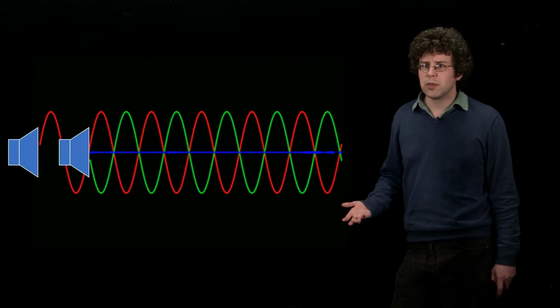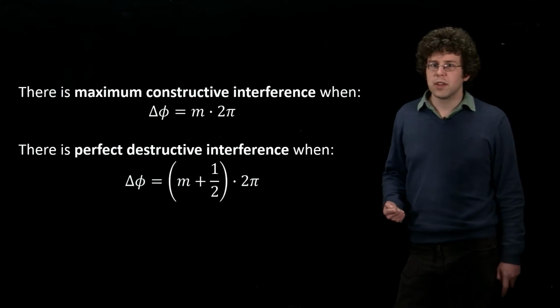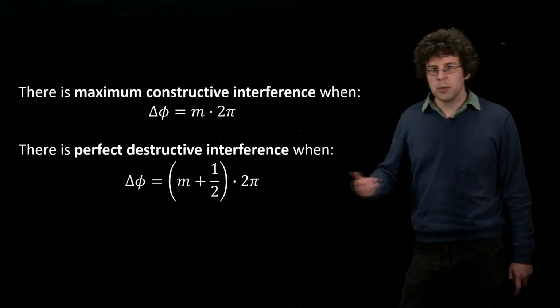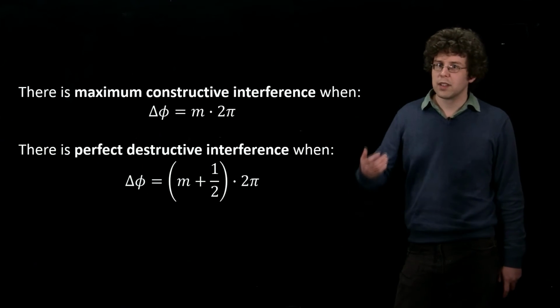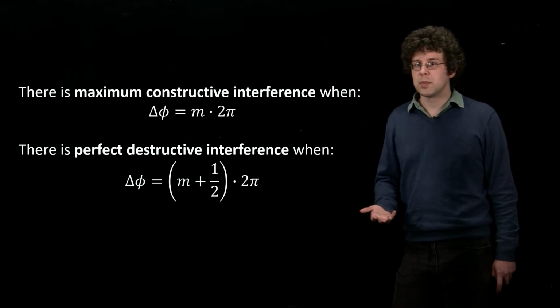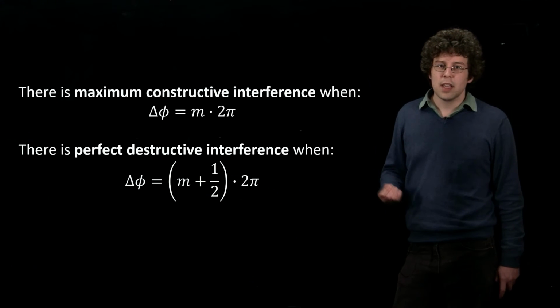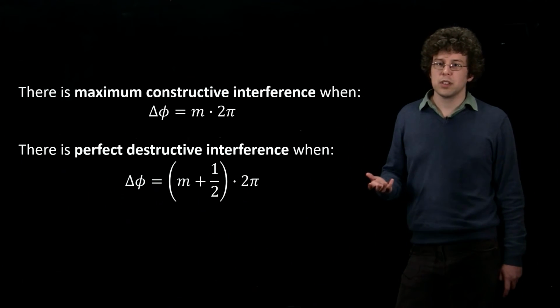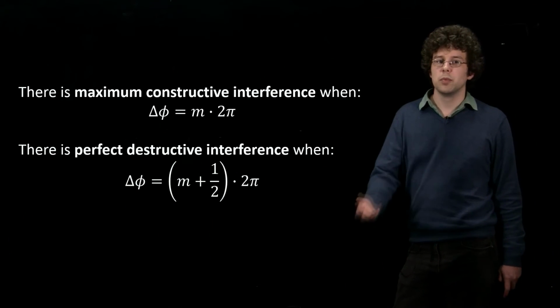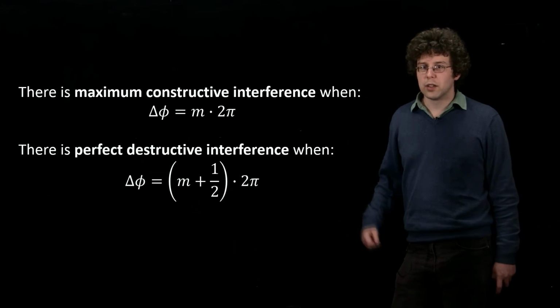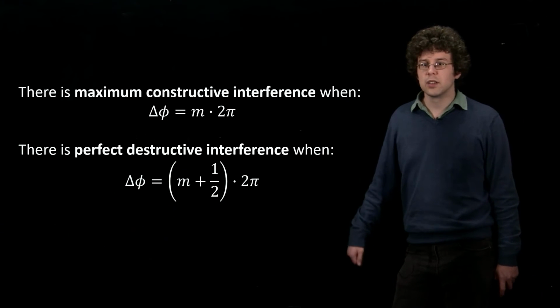So to wrap all this up, if we have two waves traveling the same direction at the same wavelength, in the same medium, so they're traveling at the same speed, we'll get perfect constructive interference if the difference in phase between the two waves is an integer multiple of 2 pi. So that corresponds to an entire cycle.